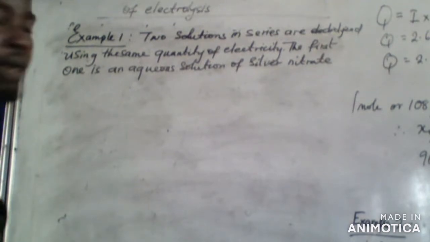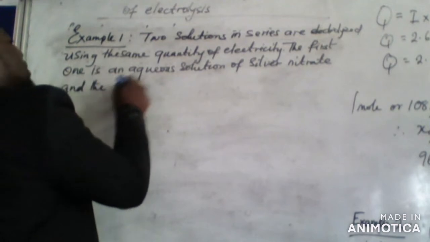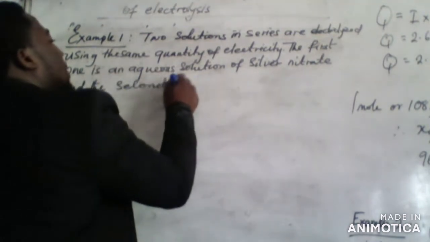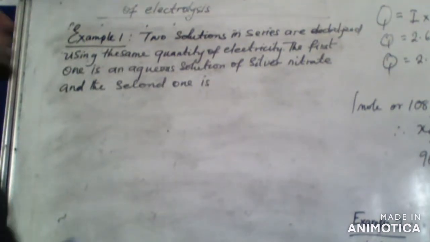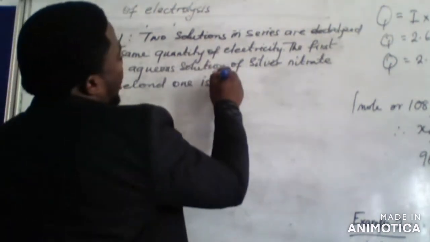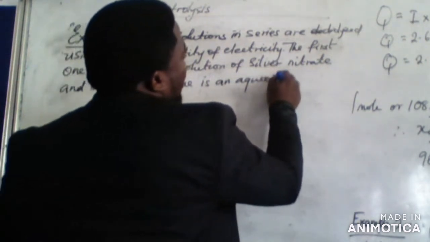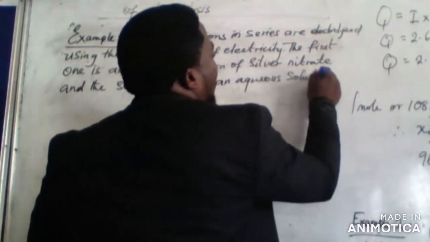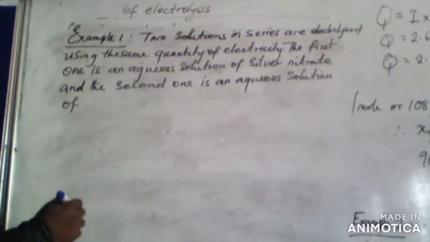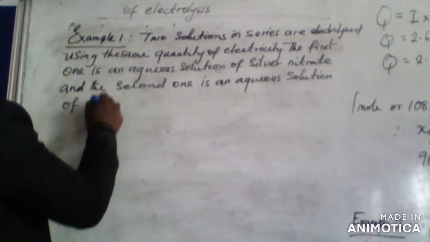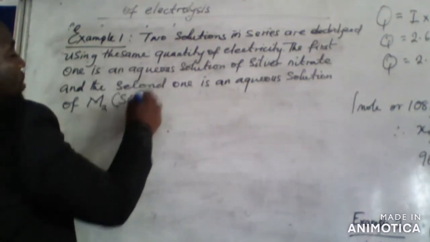And the second one is an aqueous solution of a salt whose formula is M2SO4.